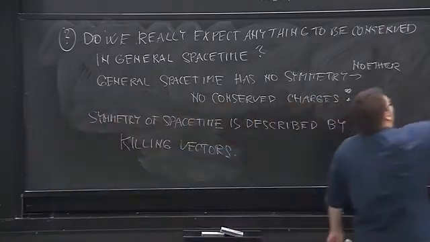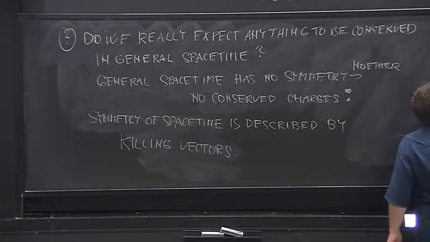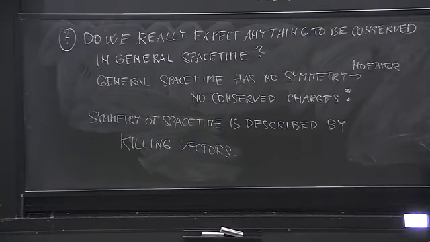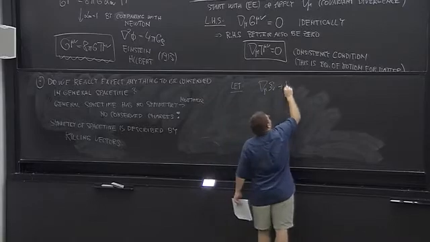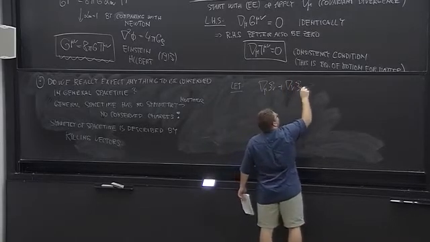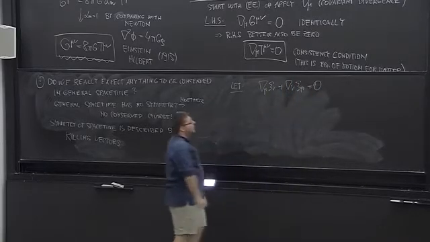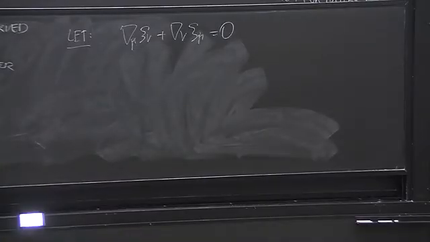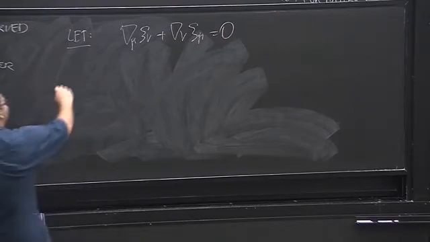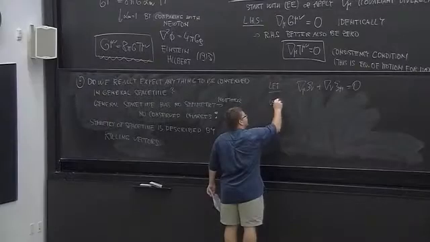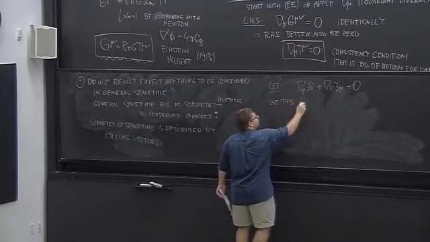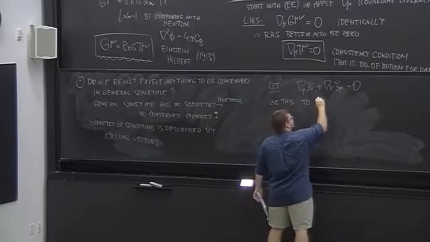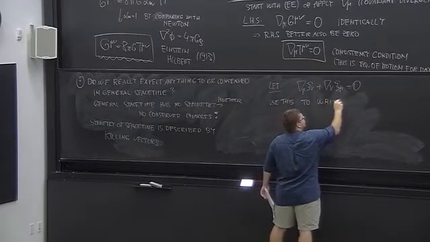So let one such Killing vector exist. Then I know that it satisfies the Killing vector equation, nabla_(mu psi_nu) = 0. I have this at my disposal, and let's use this to write a current.